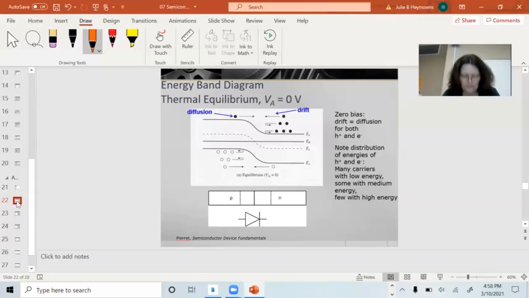So basically what's going on here is at VA equals 0, diffusion current is moving this way and drift current is moving this way. The barrier height is such that all of these electrons here get turned away by the barrier height, and the drift current and the diffusion current exactly balance out and cancel each other out.